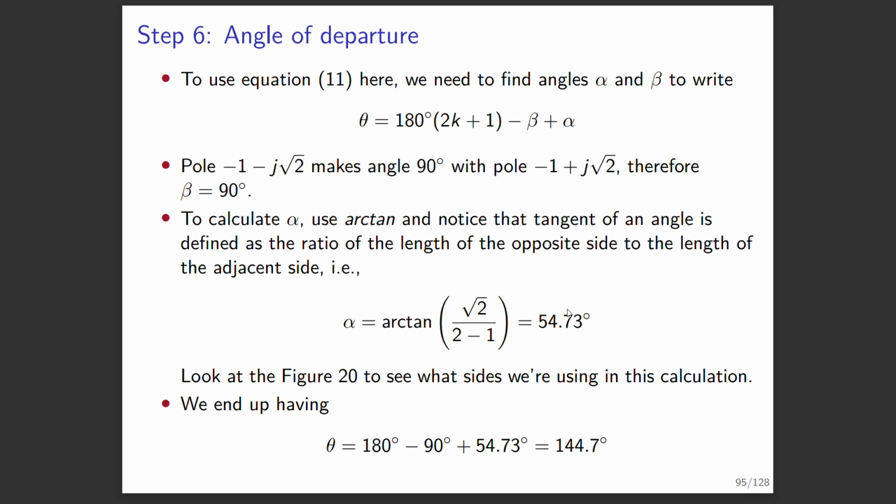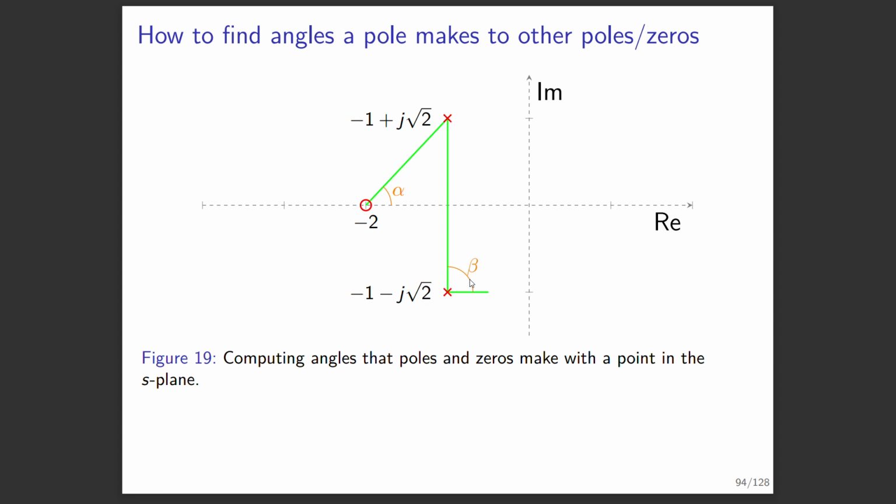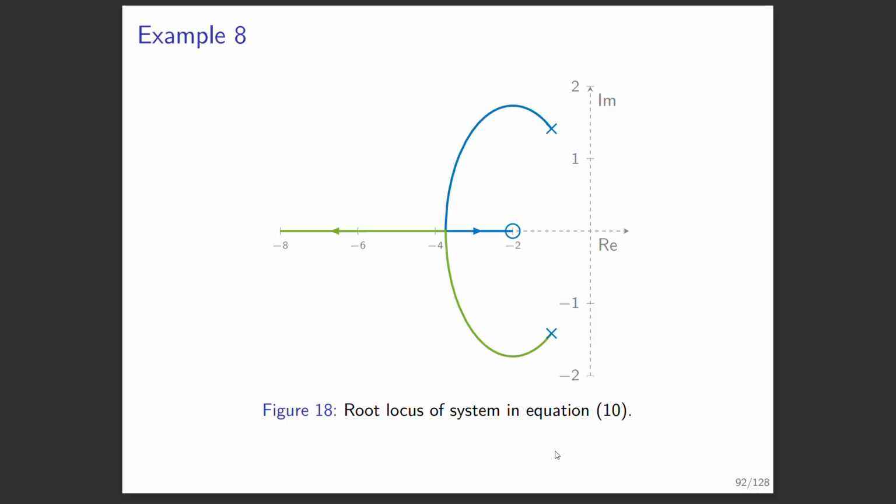I do the same thing. I can do the same thing for this angle, but it's pretty clear it's 90 degrees. So 180 degrees minus 90 plus 54.73 is 144 degrees. So that would be the angle of departure from this pole. So this angle is 144 degrees.